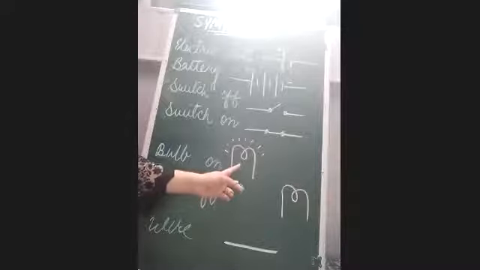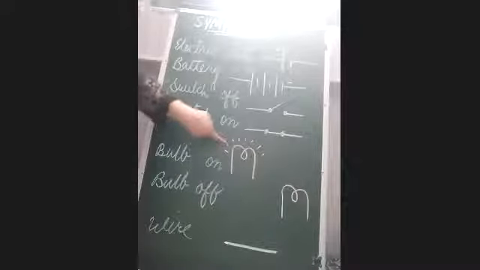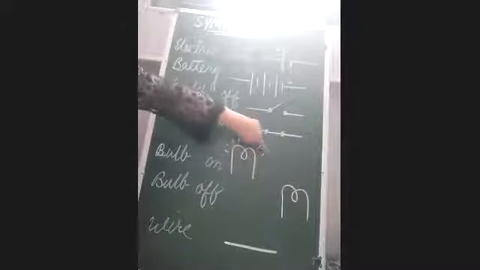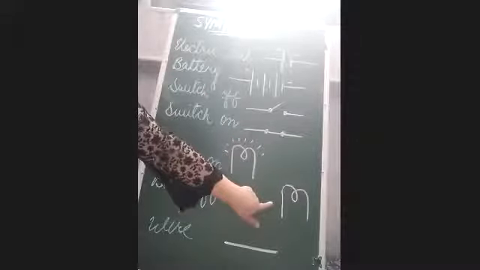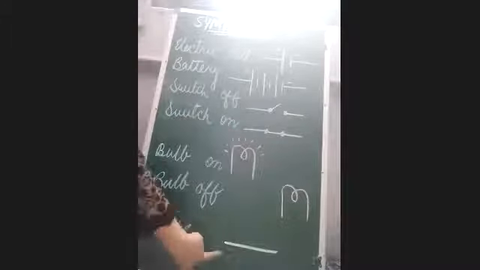Here is the bulb on. When these lines are there, it means the bulb is glowing. And this is the bulb off, where there is no light. Nothing is glowing, so here it is off. And this straight line refers to the wire.